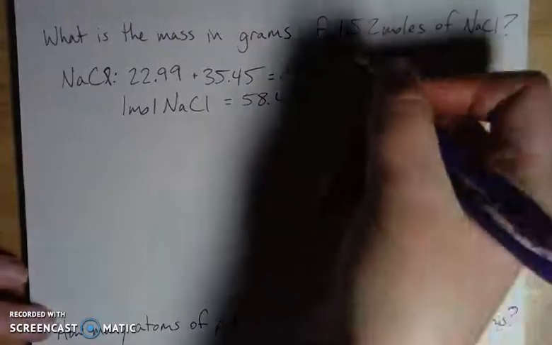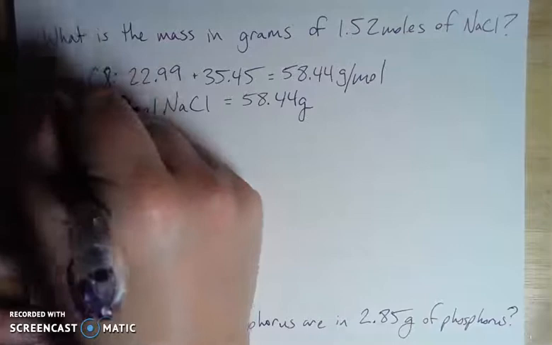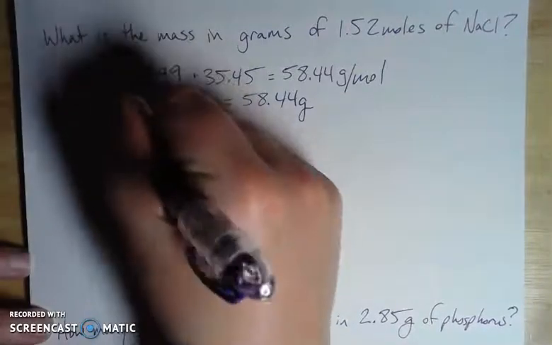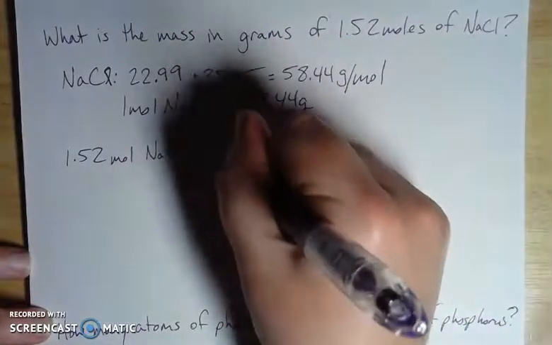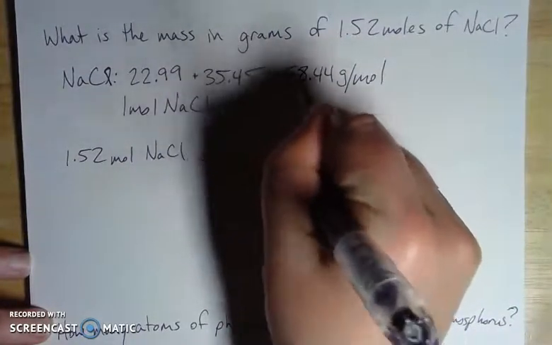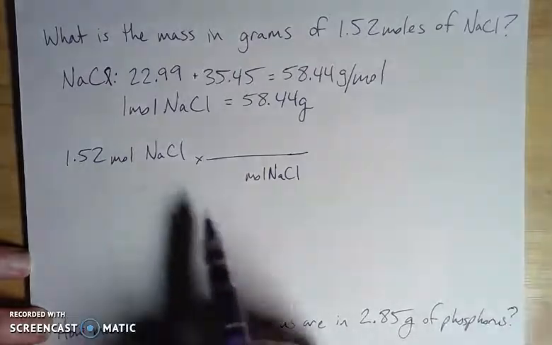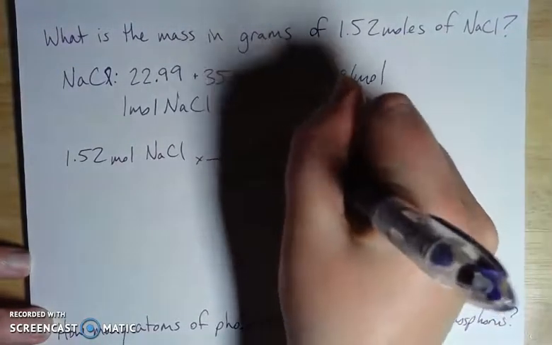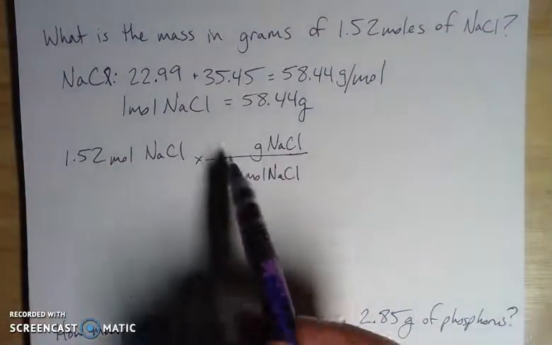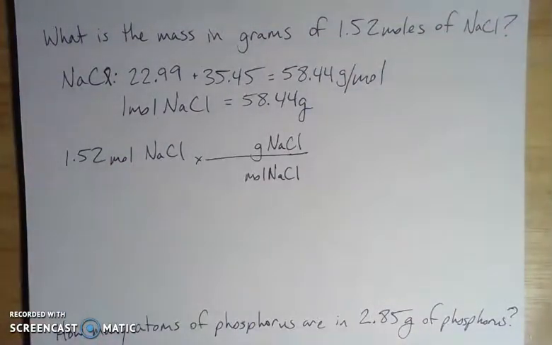So let's do that. So we need to start with what we're given. That's our 1.52 moles of NaCl. And now we're going to go from moles of NaCl. We're setting up kind of our roadmap here to go from moles to grams, which is what we're asked for. What is the mass? Well, the mass is going to be in grams of NaCl.